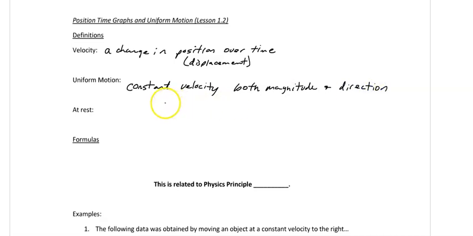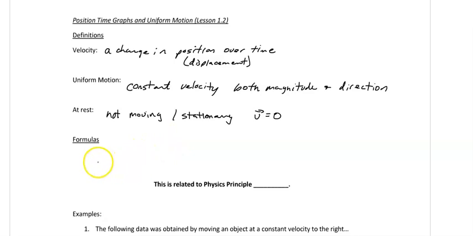So if something is going 2 meters per second east, and it's moving in uniform motion, it is always moving 2 meters per second east. But that can also include something at rest, which means that it is not moving, or stationary. You could also say that v is equal to 0.